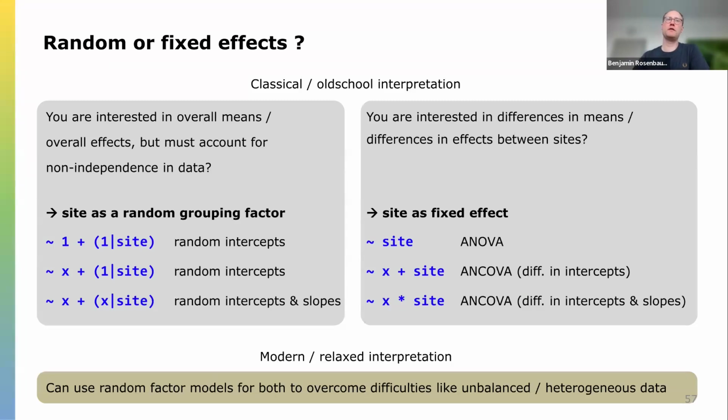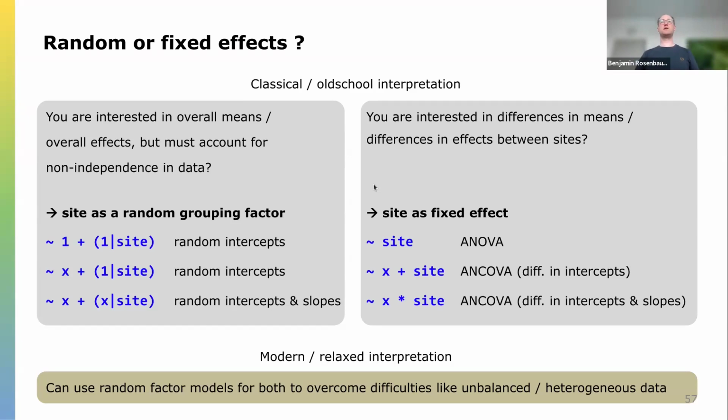Okay, we have worked with grouping factors and also had a brief overview on not a grouping factor, but a grouping continuous variable. But for these classical grouping factors, these classical factorial predictors, there's often this question: do I model something as a random or as a fixed effect?